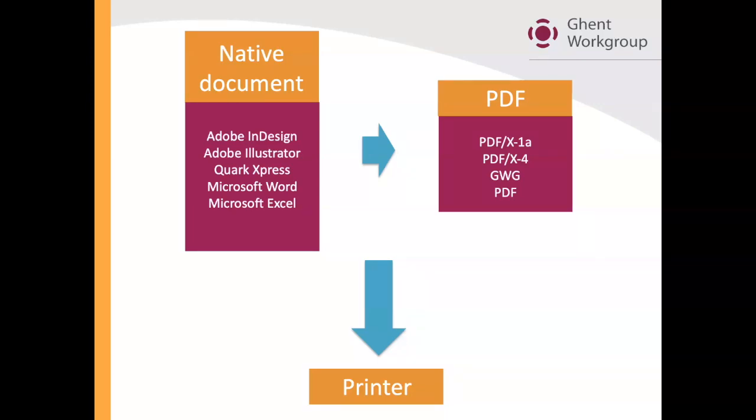So pre-flighting at the creative stage before you send it to the next person in the workflow definitely makes sense. And for the printer, of course, when files come in from outside, it makes absolute sense to check them before you start using them internally.